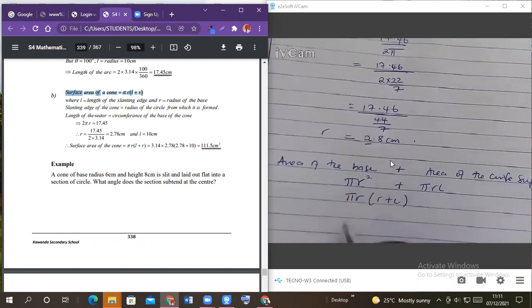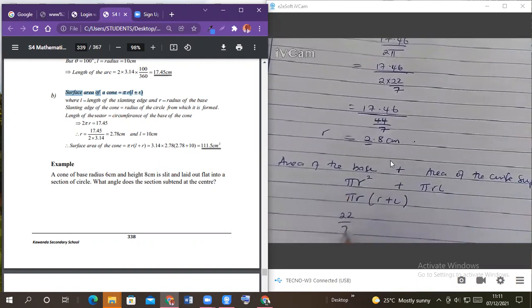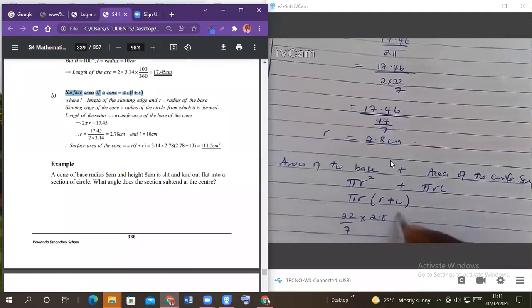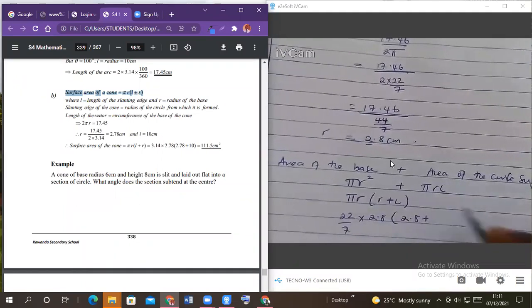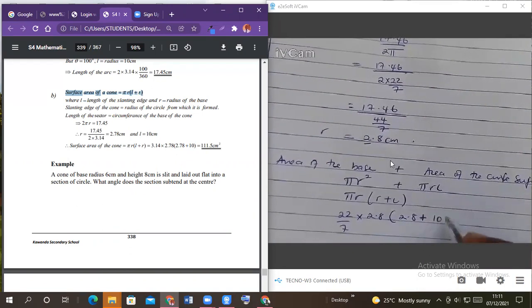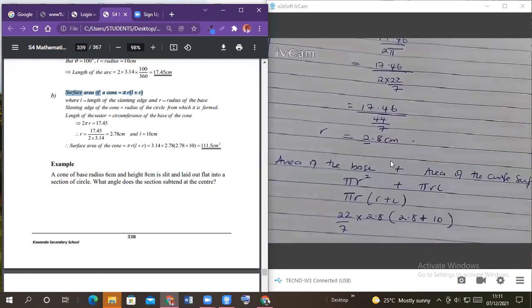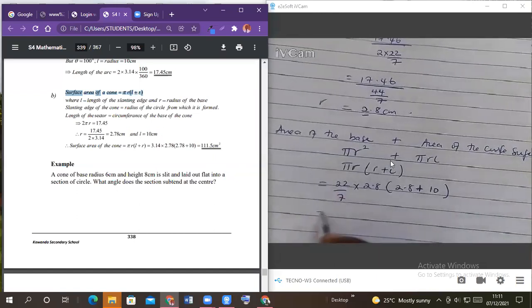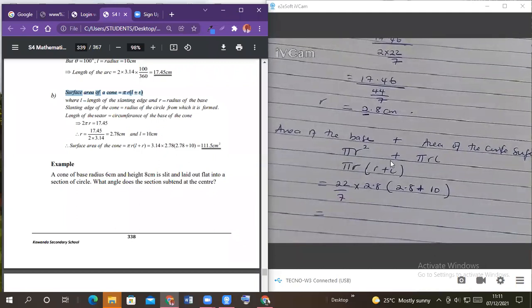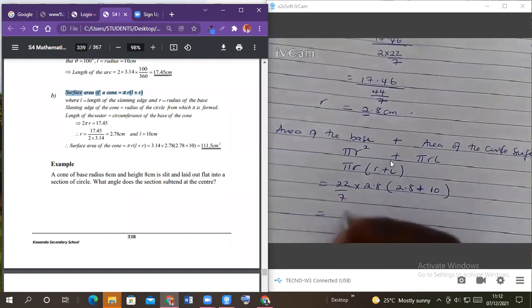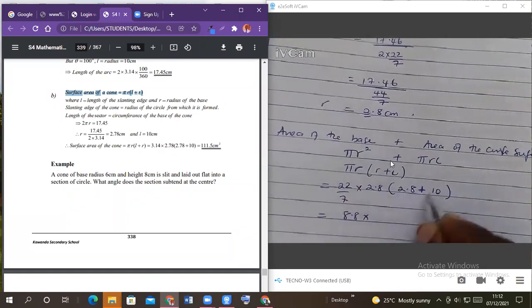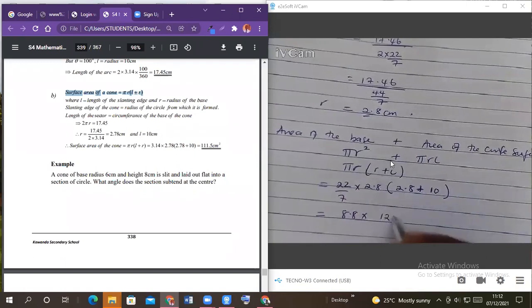Because our r is 2.8, we shall have 22 out of 7 times 2.8 times 2.8 plus l, and our l is 10. Then we have 22 out of 7 times 2.8 times 12.8.